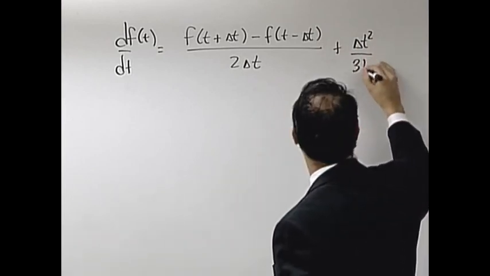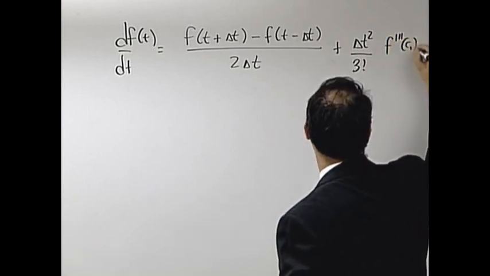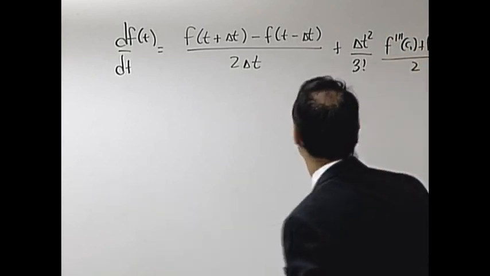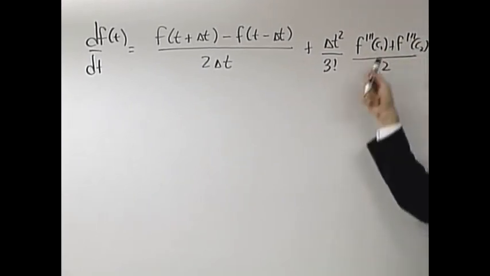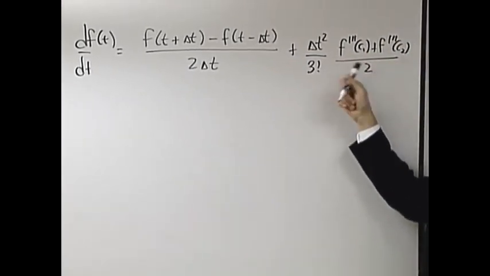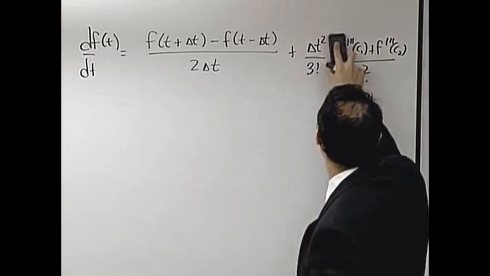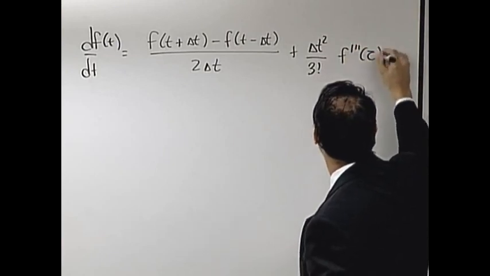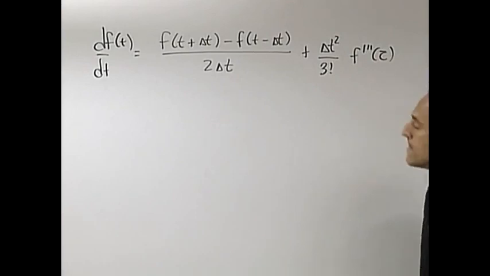So let me put the 3 factorial here, and let me take the 2 that I divided by and put it here. This is kind of like an average of these two terms. This term plus this term divided by 2. Let's just call it that. F triple prime at some average. And there's my formula.